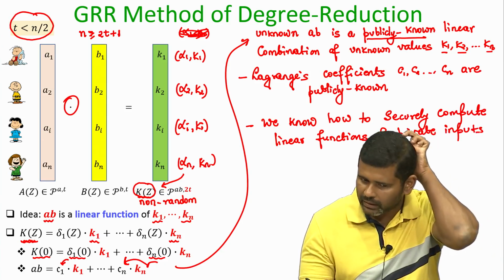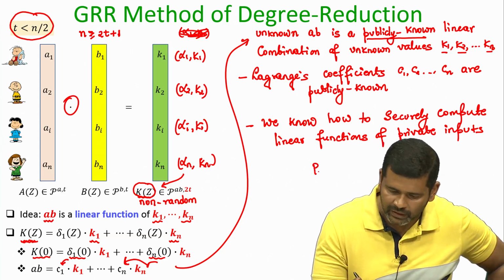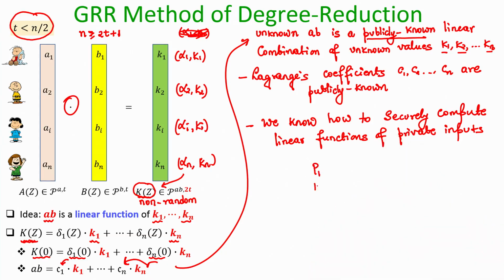What does it mean here and why is it applicable here? So, we are considering right now a scenario where P1 has the value k1, P2 has the value k2, Pi has the value ki and Pn has the value kn. In that sense, they are private inputs of the respective parties.